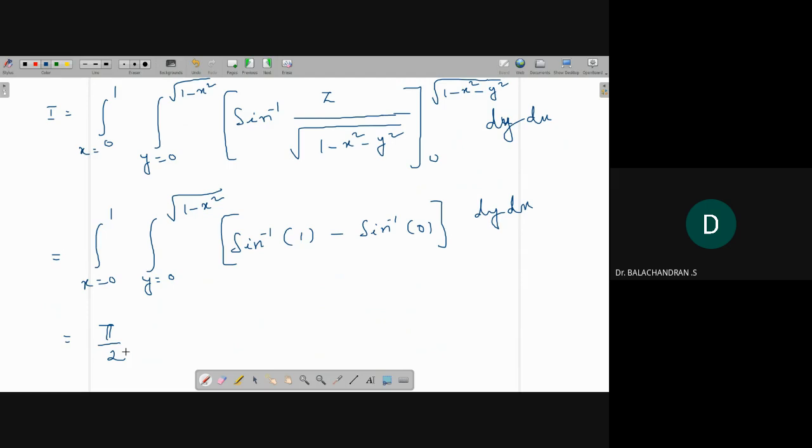Now the limit, integration 0 to 1, integration y equal to 0 to root of 1 minus x square into dy dx. So now integrate with respect to y.